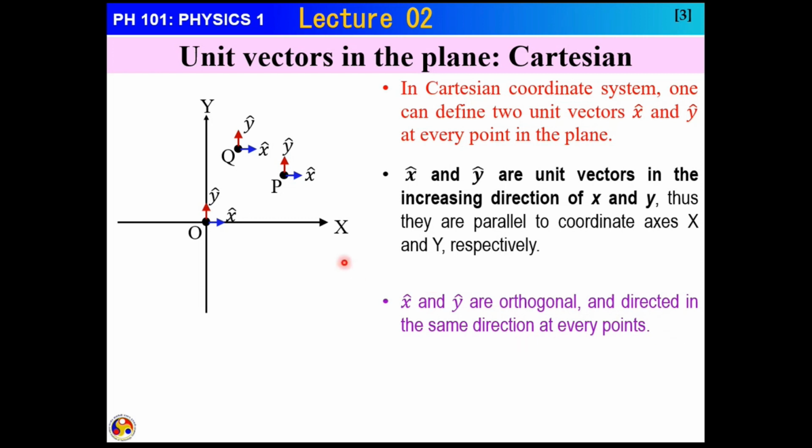What do I mean by that? The unit vector has the same direction at points P, Q, and O. The unit vector along X is the same at points P, Q, and O. Similarly, the unit vector along the Y direction is the same at points P, Q, and O.